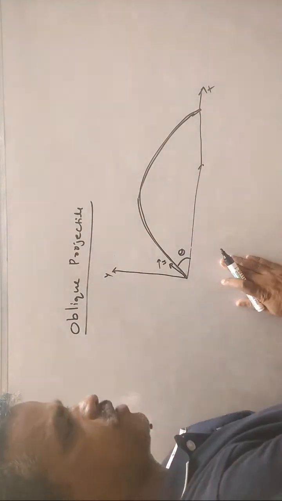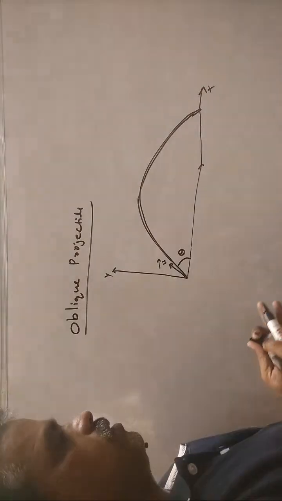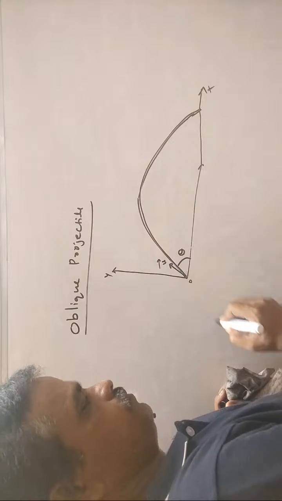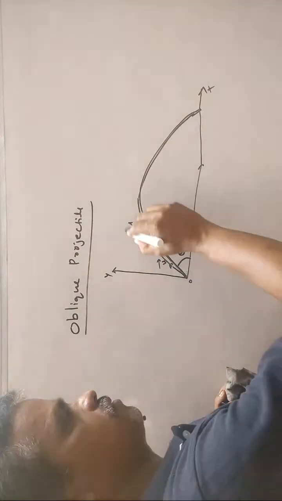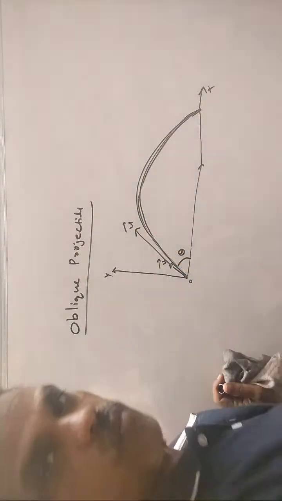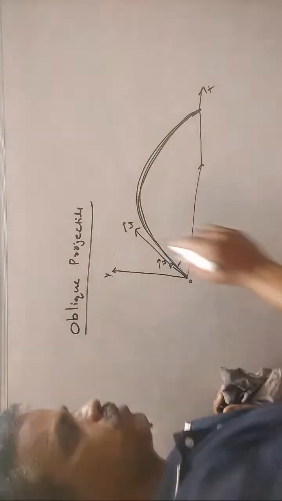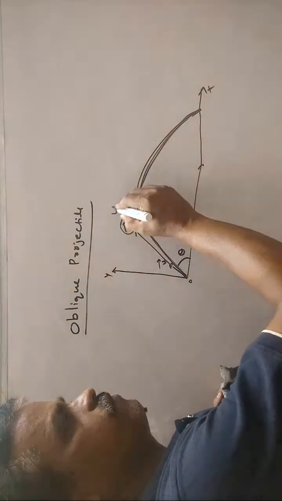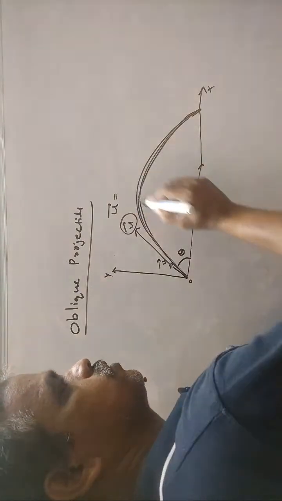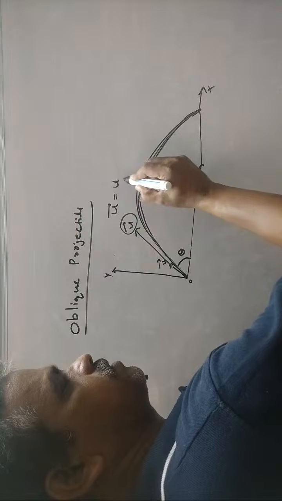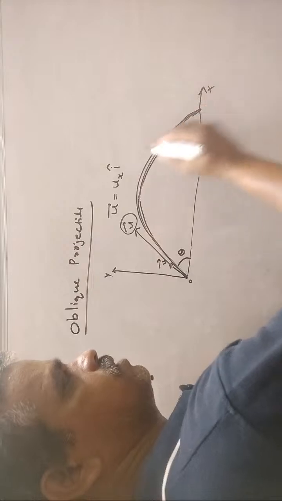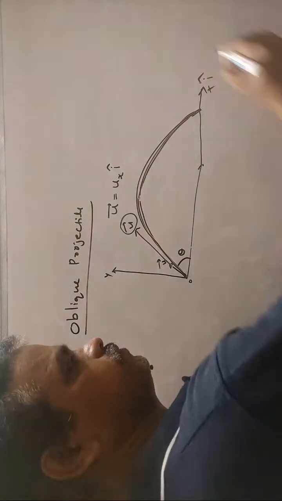In the last class I explained, but I want to explain one more time here. This is the origin, the velocity vector along this direction. This is the path of the oblique projectile body. u is a vector, so we can write the u vector in terms of ux. I cap is the unit vector along the x-axis.